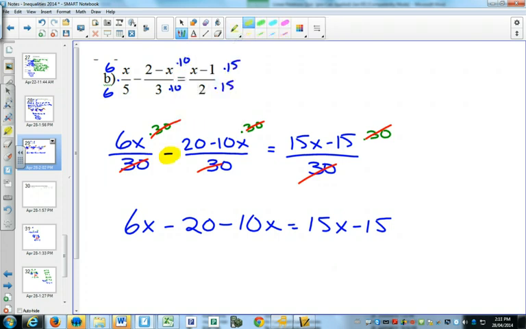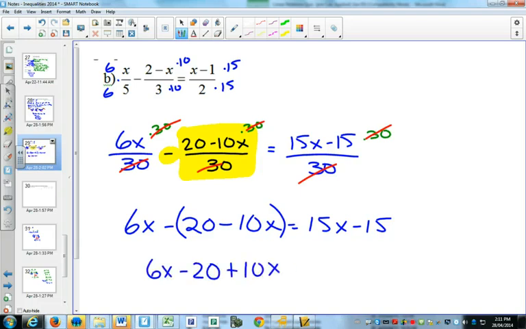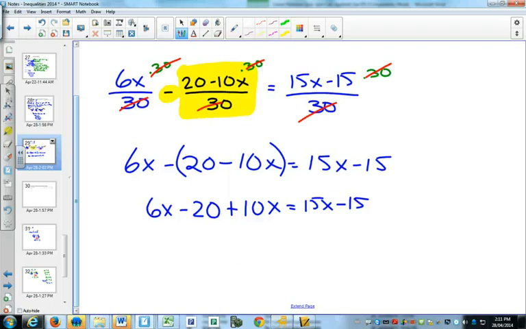Because this subtracting sign is subtracting all of this, you have to show that it's subtracting it all in the next step, even though the 30s canceled out. You can show that either by putting brackets around that to show that it's all subtracted, and then saying minus 20 plus 10x equals 15x minus 15, and then combining your like terms, you will get x equals 5 again.